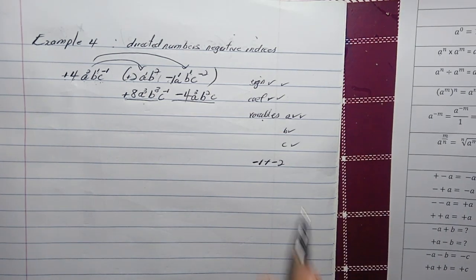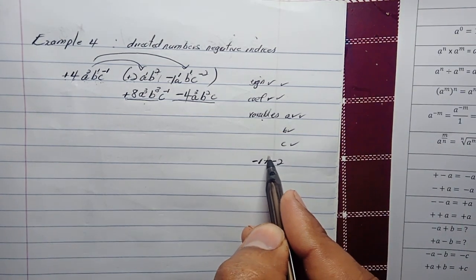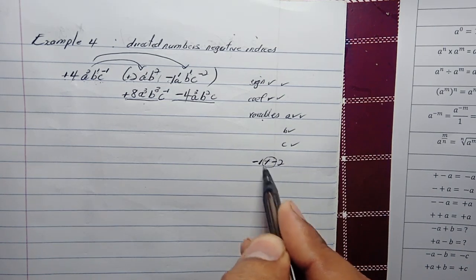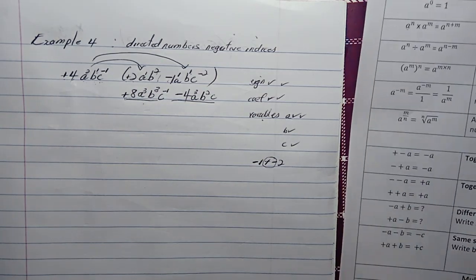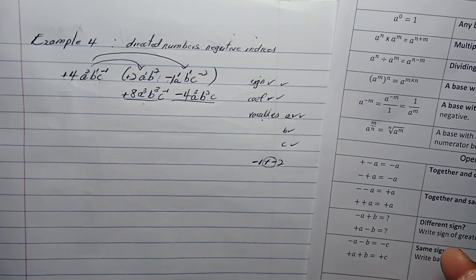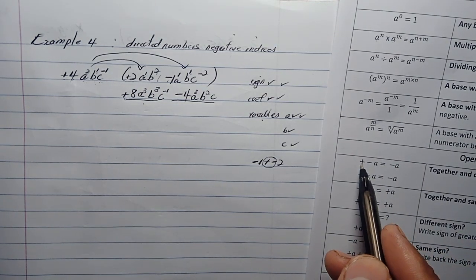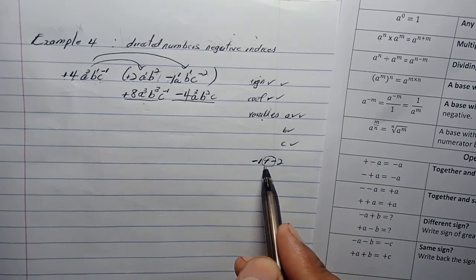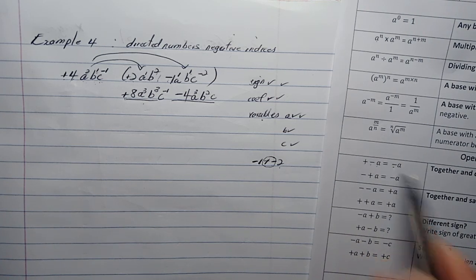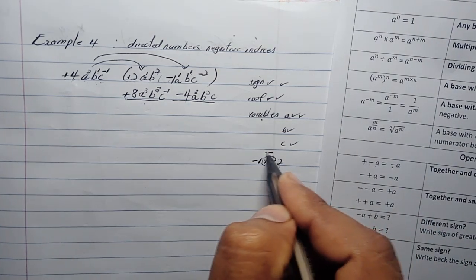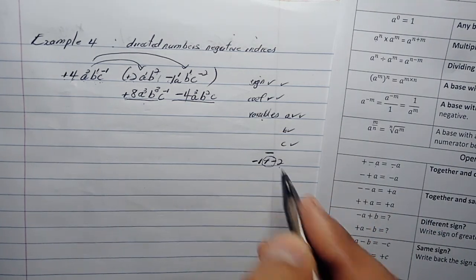We notice that there's a combination of signs inside here. Let's deal with this combination first. Positive and negative coming together. It says together and different, negative outcome. So this is going to give you a negative here. So negative 1, negative 2.